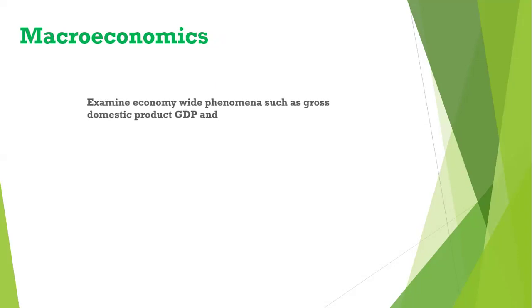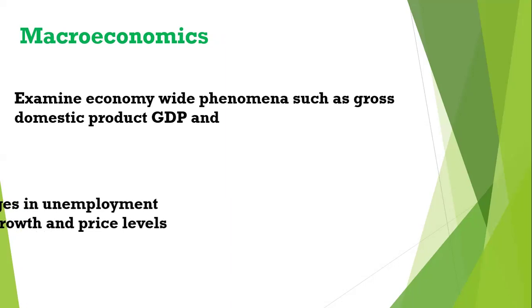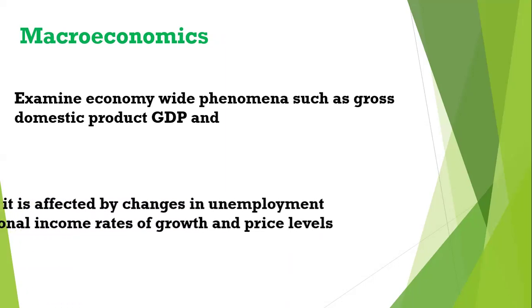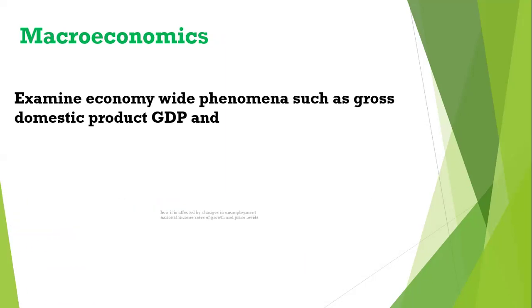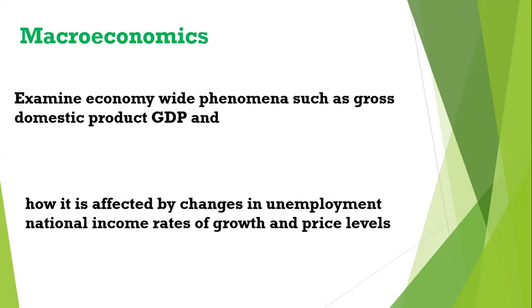Macroeconomics examines economy-wide phenomena such as gross domestic product, which is GDP. This is how economic growth is measured. Countries are measured using GDP to see how they are performing. Some countries will be labeled as middle income, high income, and lower income.